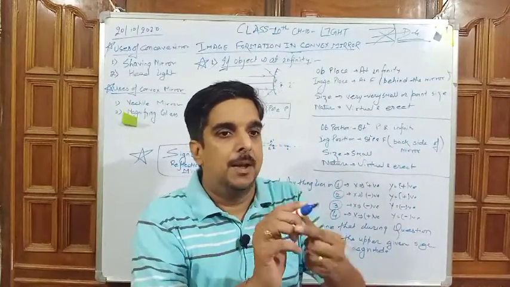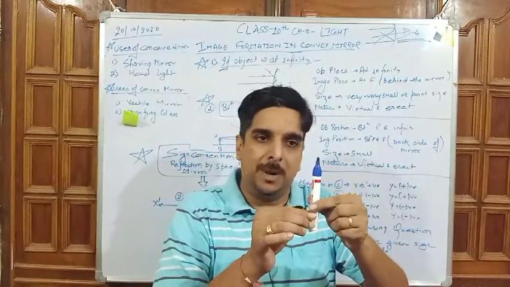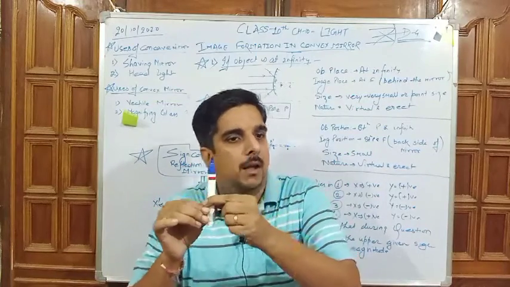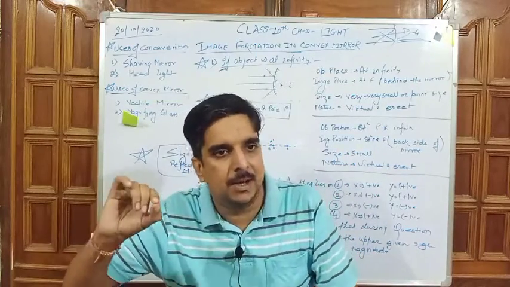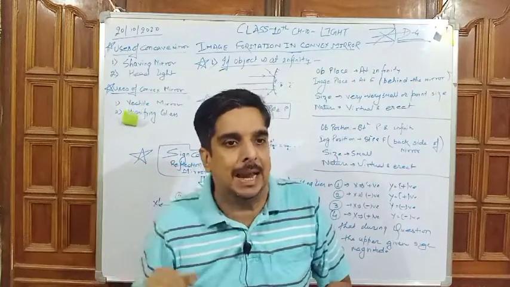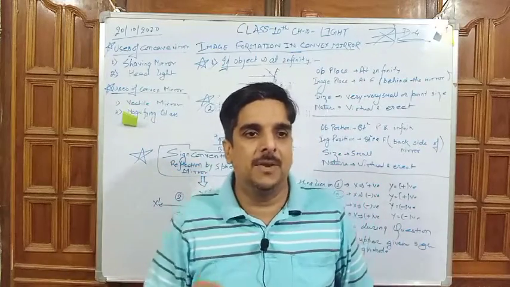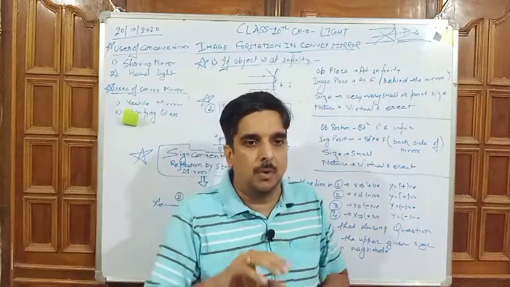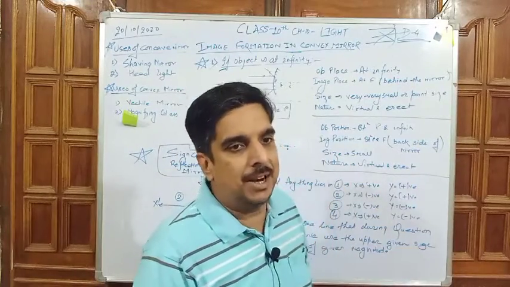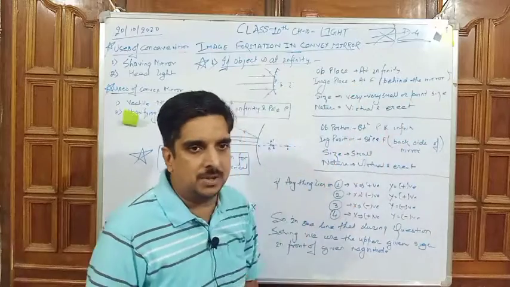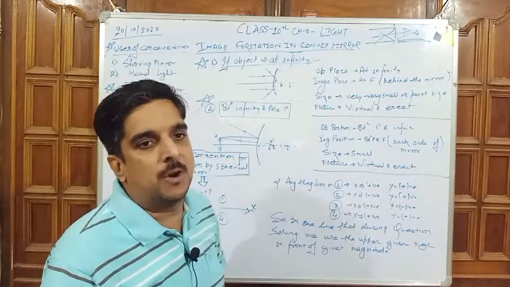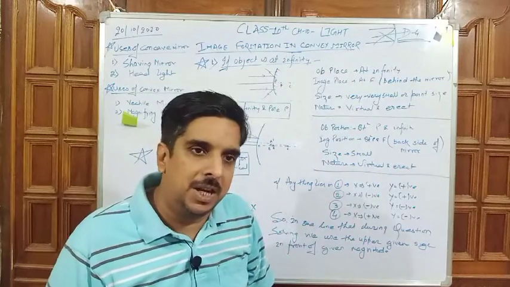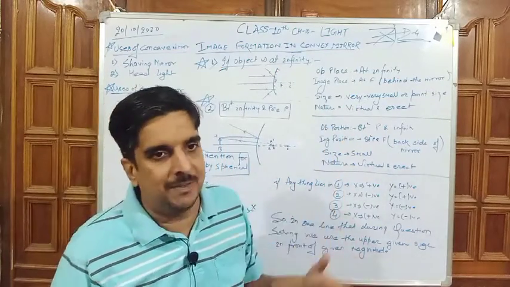It means the size will become very, very small, but the image will still be straight. Image will be erect. It will not be in the inverted position. It will always be erect, straight. So this one is the first concept for the convex mirror, what will happen if the object is at infinity in the convex mirror.